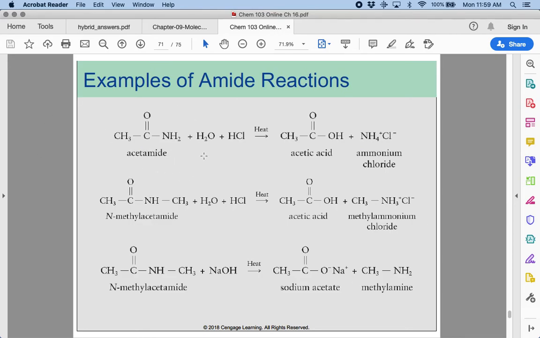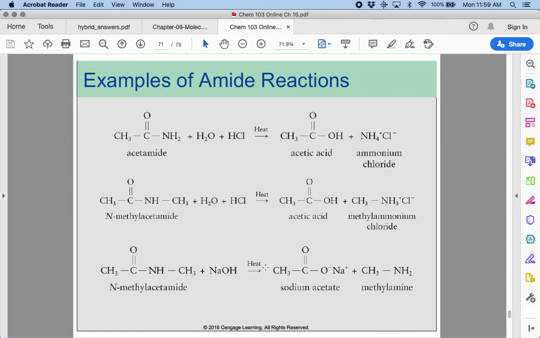So here's an amide plus water and acid, which means we would get the carboxylic acid and the amine salt out. Here we have another example of the carboxylic acid and the amine salt. Here's an example where we have the amide and a base. So we cannot get the carboxylic acid out because we're in base. So we're going to get the salt and the amine.